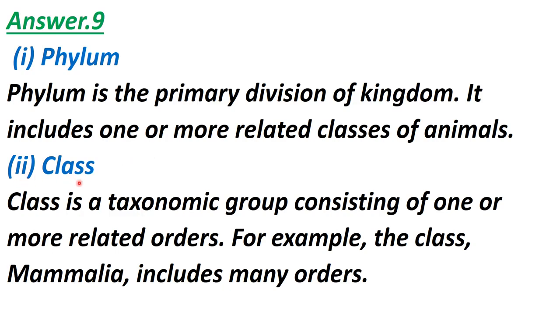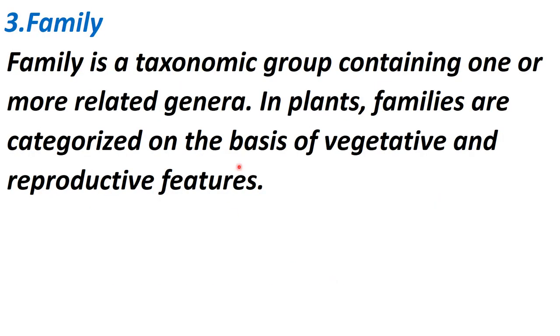Then what is class? Class is also a taxonomic category consisting of one or more related orders, because after class the taxonomic category will be order. So we can say one or more related orders will be under one class. For example, the class Mammalia includes many orders. Then what is family? Family is a taxonomic category containing one or more related genera.